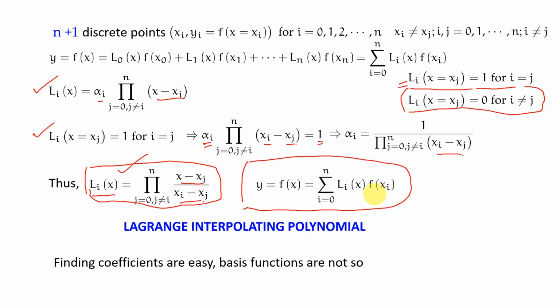The coefficients in the Lagrange interpolating polynomial are f(xi). They are known from the input data set, so we don't have to calculate them, but we can immediately see that the basis functions are not very easy to get, so we have to put some effort in finding the basis functions. But if we do so, then the next part is easy because we don't have to calculate the coefficients.